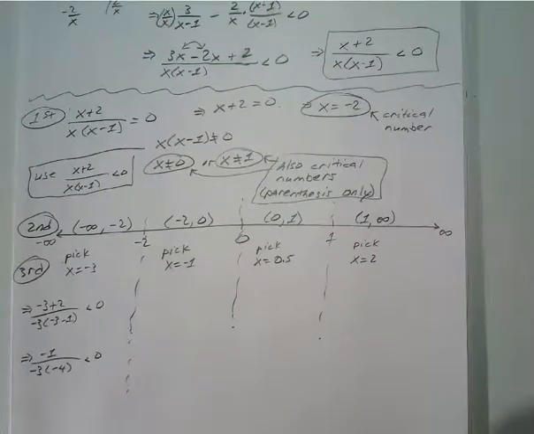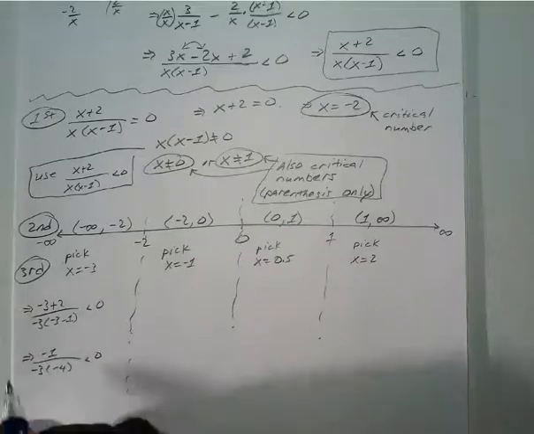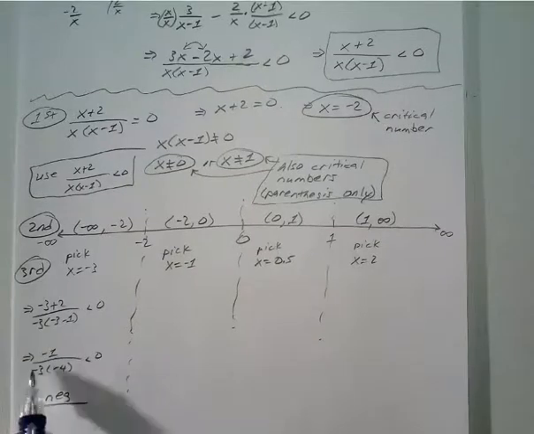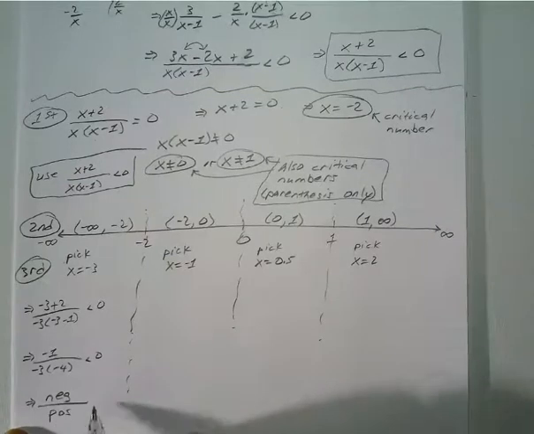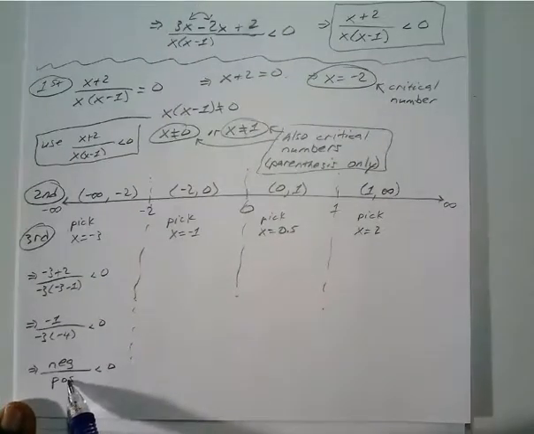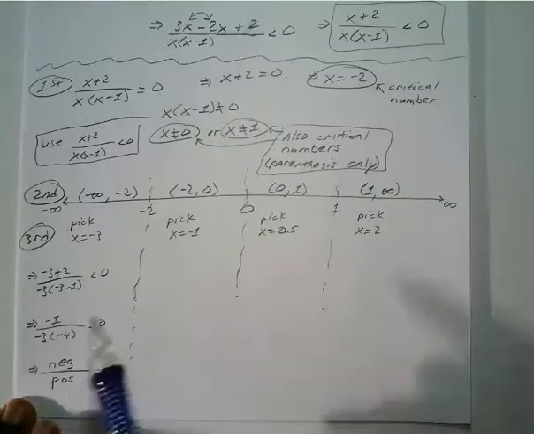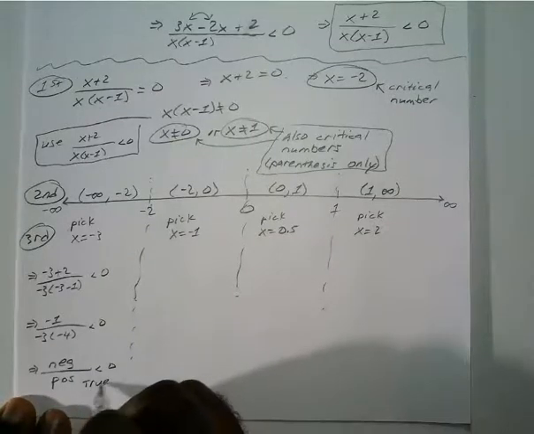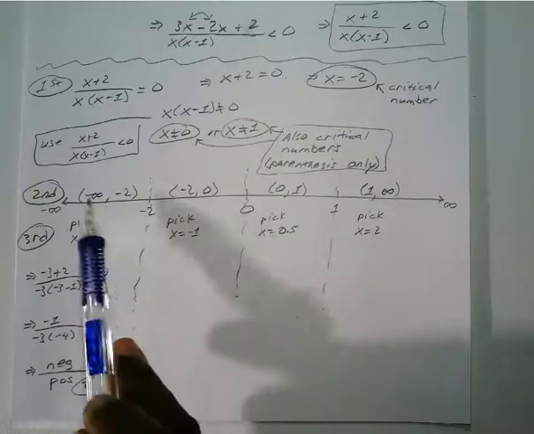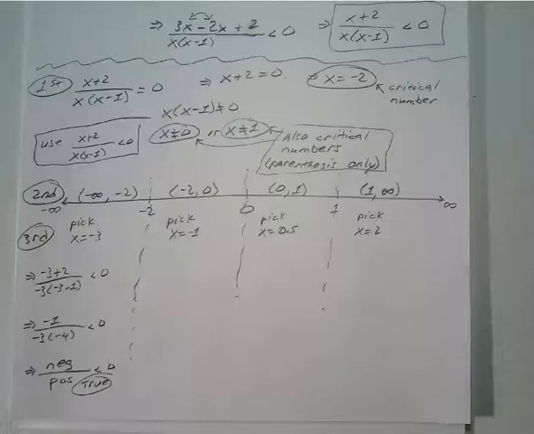Now, you don't have to multiply these out. A negative number in your numerator, and in your denominator, negative times negative is positive. Negative divided by positive is negative, so a negative number less than 0 is true. That means from -infinity to -2 is a solution interval, so we're not going to cross that out.